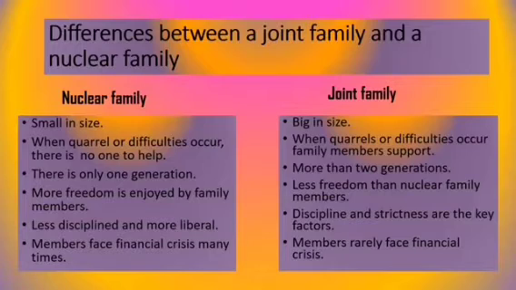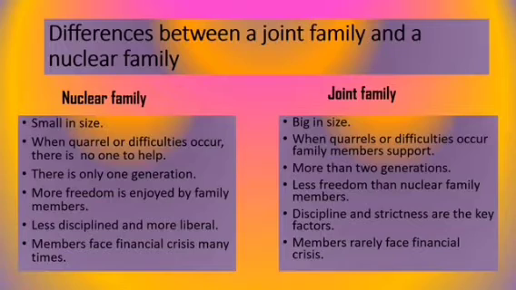The last, members, when they face a financial crisis in a nuclear family, it is something which goes on for a long time. For example, if father is the only earning member and due to some reason he is not able to get payment, it really hurts the family. And if both the parents are working, when one parent is not able to support, even that puts the family into a financial crisis.